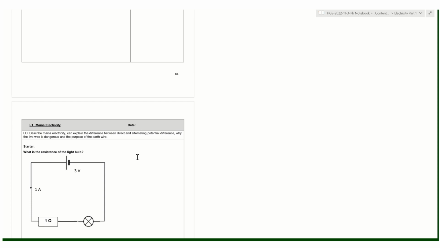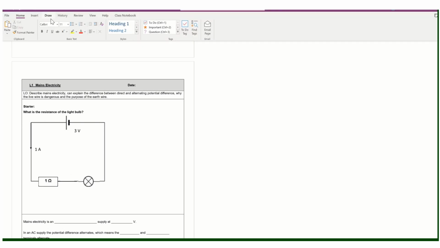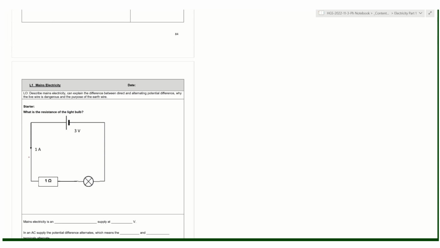Okay, so this is going back on what we saw with series circuits. So we've got two components, the lamp and the resistor. They are in series. And one of the things we know about a series circuit is that the current is the same anywhere in a series circuit, which means the current here is 1 amp and the current here is 1 amp.